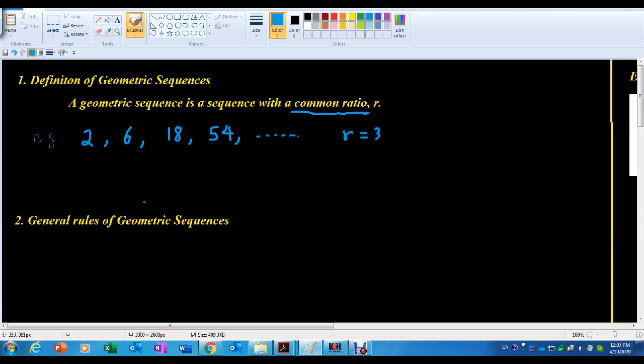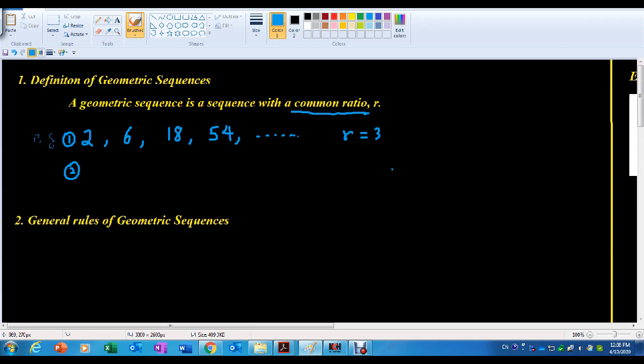How about the next one? I give you another example. You see that the numbers become greater and greater because the common ratio is greater than 1. How about if the sequence becomes smaller in value, when the common ratio is less than 1?